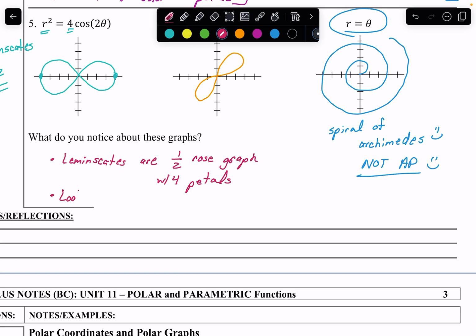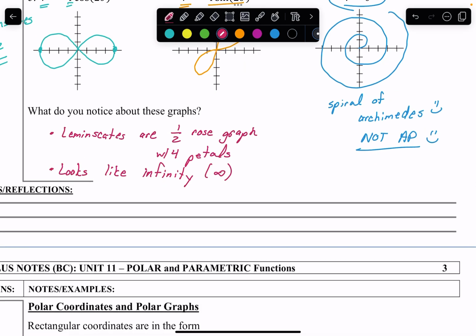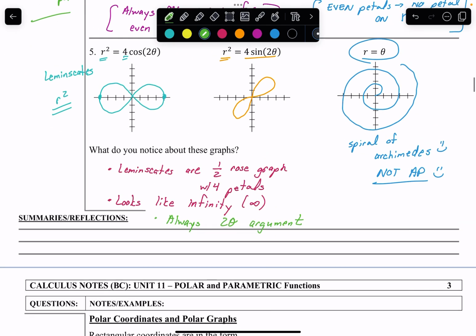Looks like an infinity symbol. It has some similarities to that for sure. Right? And then one of the things you do need to pay attention to, last little thing here, is that there's always a 2 theta argument. So you're always going to see 2 theta on the inside to be able to produce a Lemniscate.